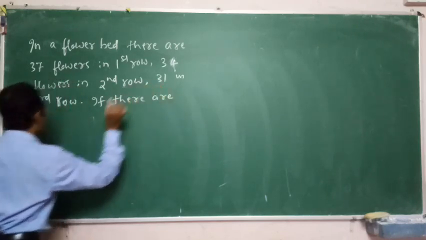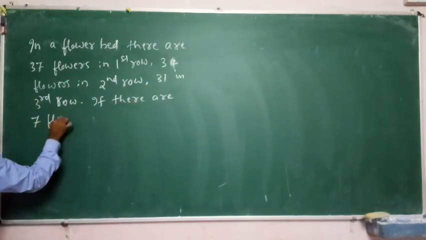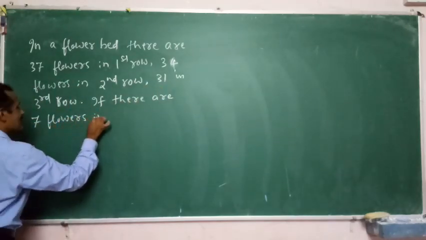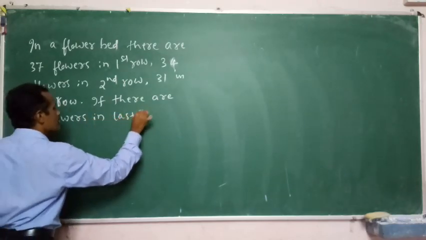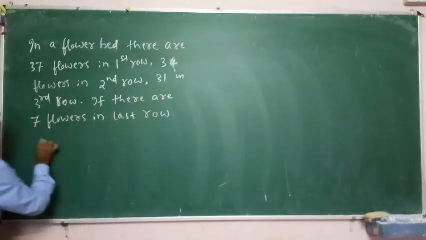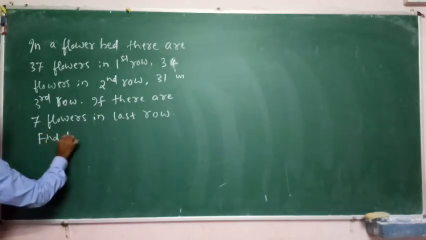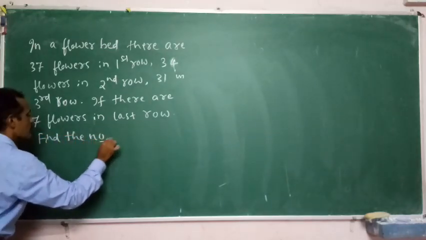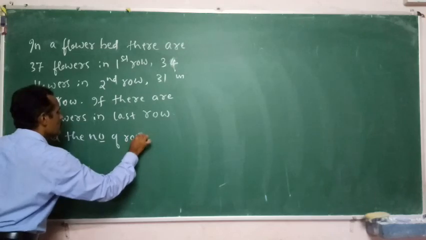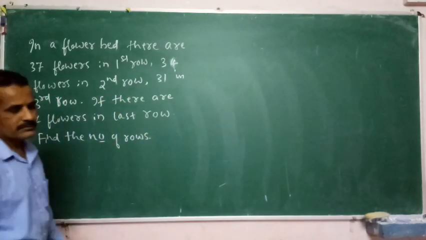If there are 7 flowers in the last row, find the number of rows.